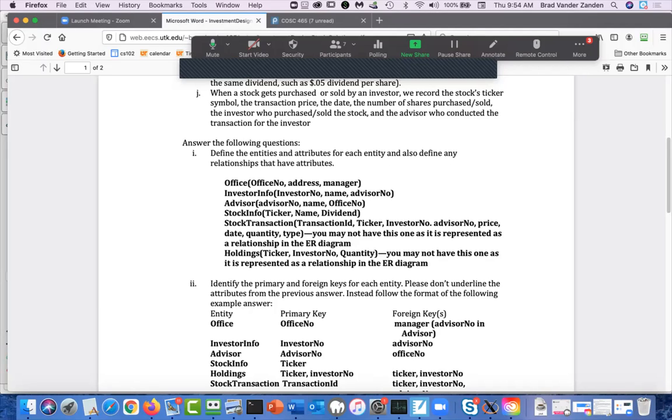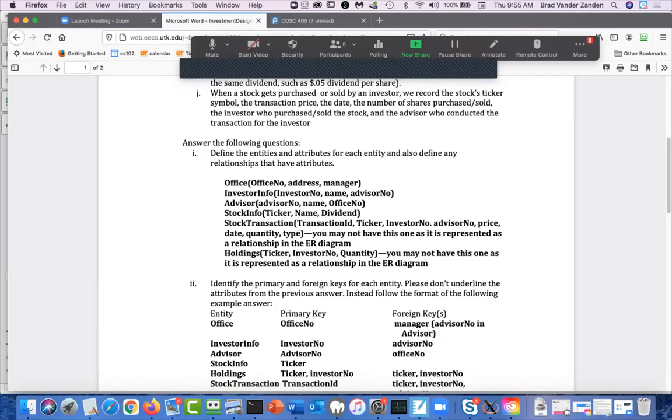And what you're not seeing here is that any multi-valued attribute has to be put in a separate table, like phone numbers. So basically the rule is all entities map to a table, all relationships with attributes map to a table, and any multi-valued attribute will map to a table. Okay.